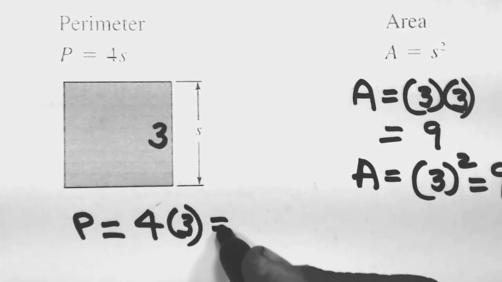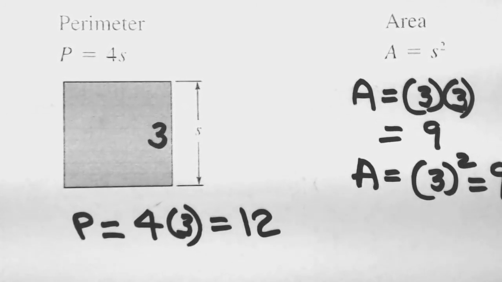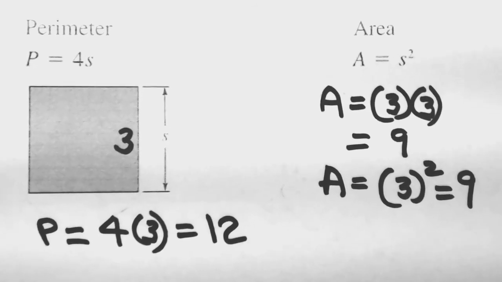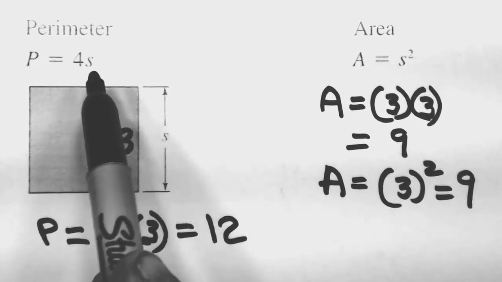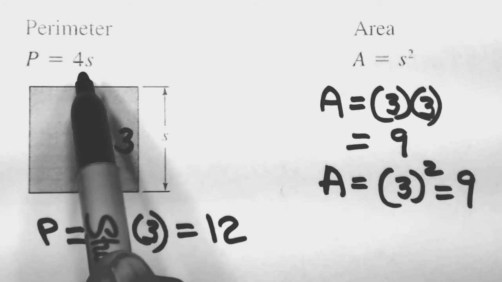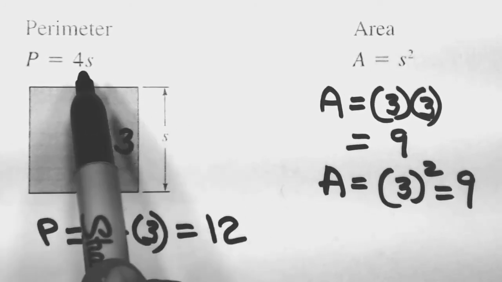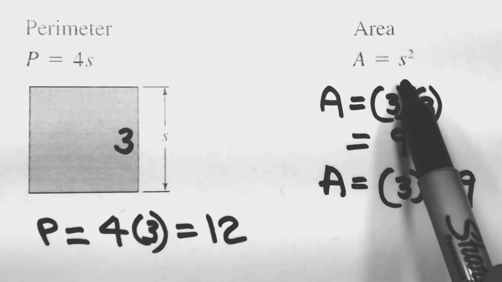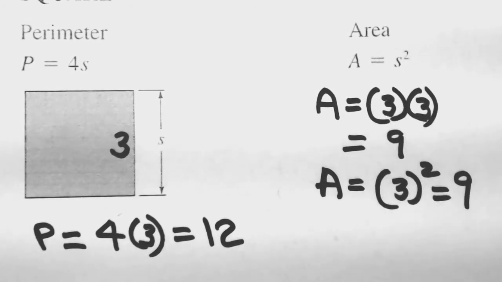So 4 times 3, the total perimeter all the way around would be 12 units, inches, feet, whatever it was that we happen to be dealing with here. Okay, so remember now, for the square, you need to know the perimeter, which equals all 4 of the sides, 4S, or the area, which is A equals S squared.